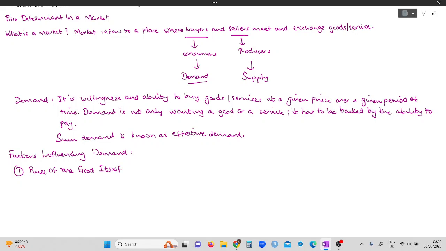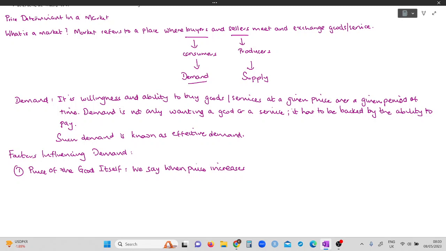D'accord? Veut dire, anytime the price increases or decreases, it will have an impact on the demand. Donc, we say that when price increases, quand le prix du produit augmente, ok, ça c'est un petit peu logique.